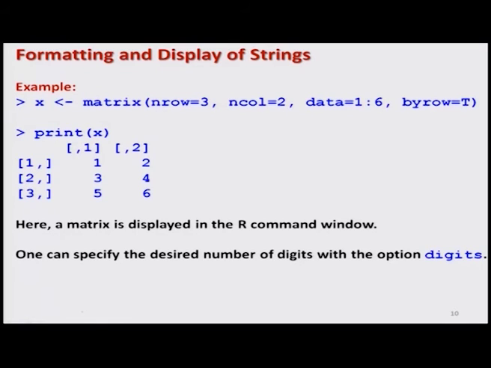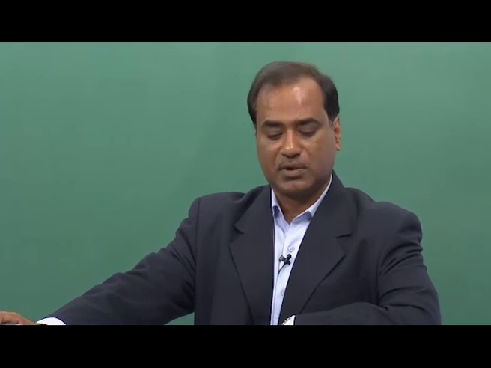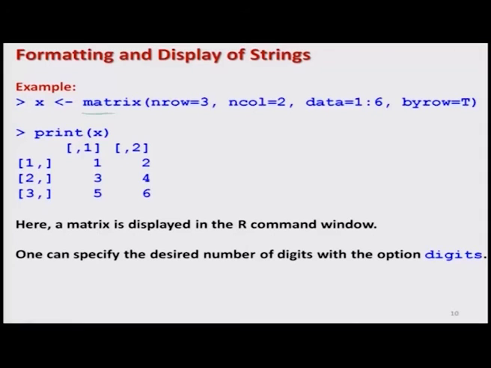Now I take another example, where I am using the print command over a class matrix. As we had discussed, this print command can be used with any object class. So I define a matrix like this, which is a 3 by 2 matrix with 3 rows, 2 columns, and data from 1 to 6, arranged row wise.